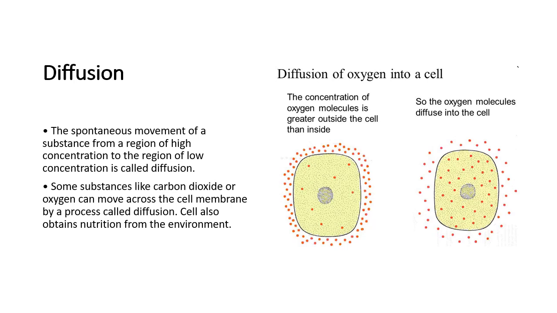So for example, carbon dioxide or oxygen can move across the cell membrane by the process called diffusion. Something similar to this happens in a cell. For example, carbon dioxide, which is the cellular waste and requires to be excreted out by the cell, accumulates in high concentration inside the cell.